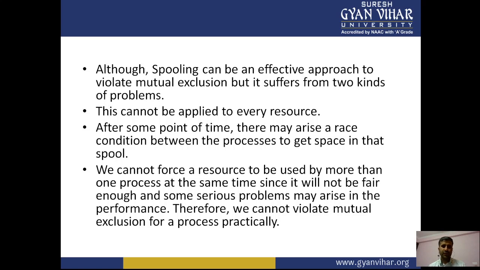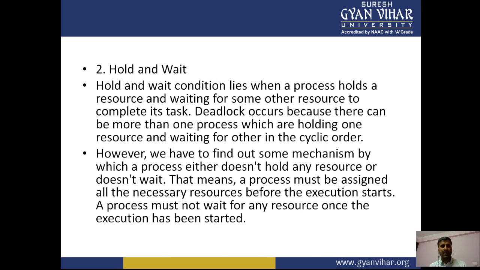We cannot force a resource to be used by more than one process at the same time, since it will not be fair, and some serious problems may arise in performance. Then after that we discussed hold and wait. The hold and wait condition arises when a process holds a resource and waits for some other resources to complete its task.